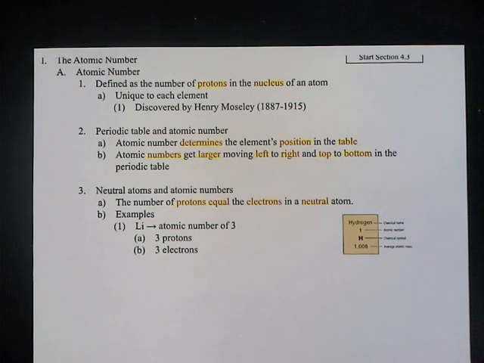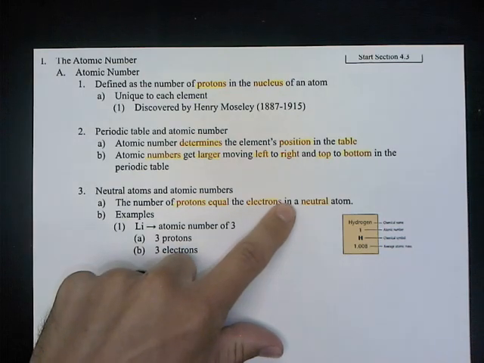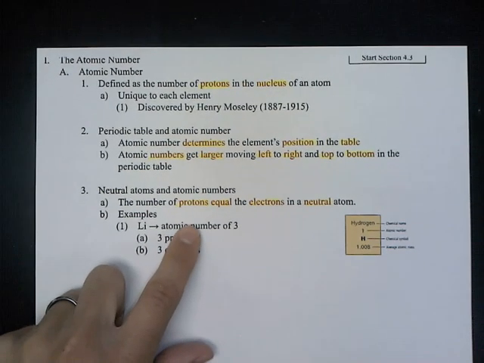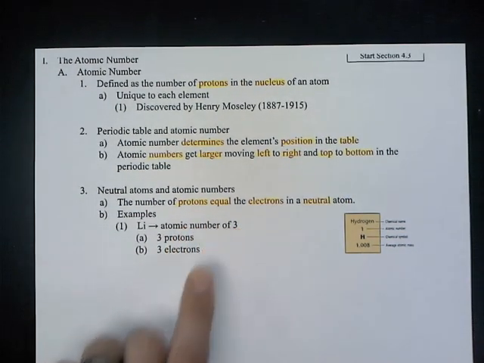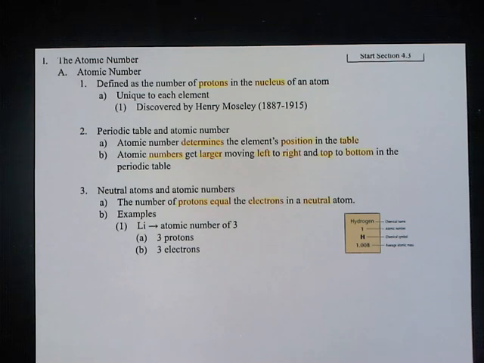Now, just from looking at that periodic table, the numbers get larger moving left to right and from top to bottom in our periodic table of elements. And now we have two important things. Number one, in a neutral atom, so no charge, protons equal electrons. Now, the next thing here is very important, and I'm going to pause to write this down.